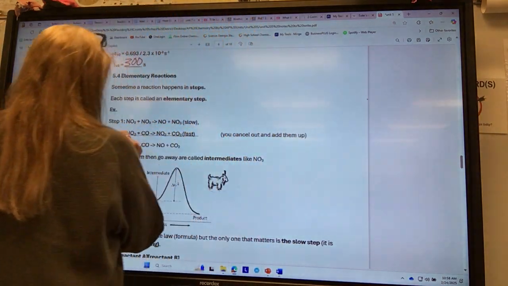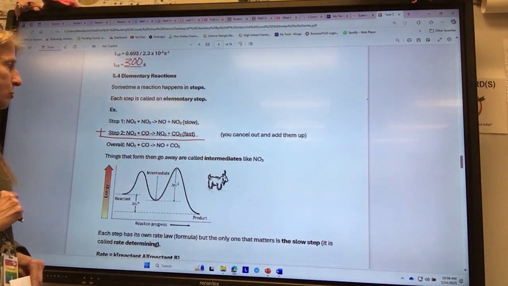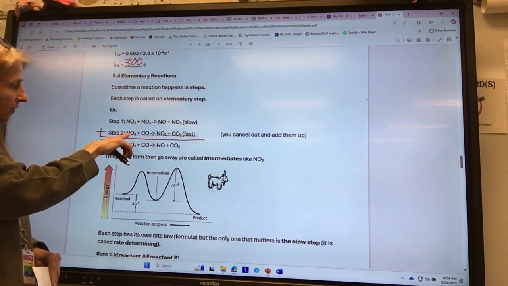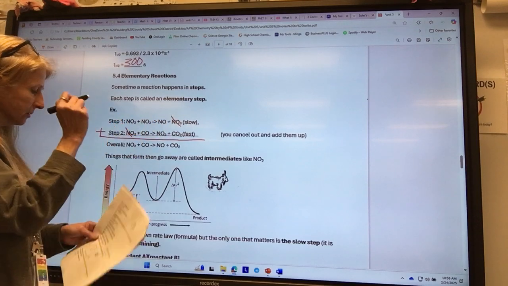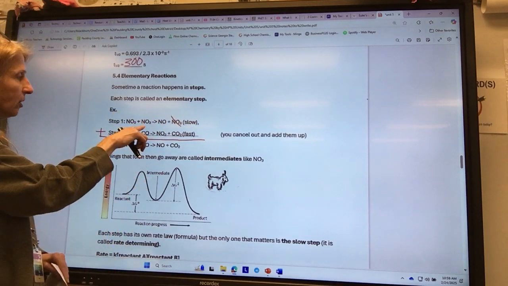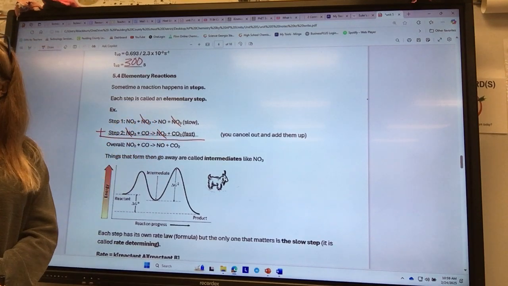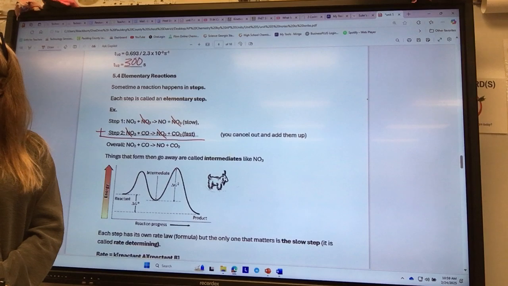So on this one, draw a little plus, and let's look at what we can mark out. Well, if you look, there's an NO3 on the reactants, and there's an NO3 on the products, so we can mark those out, okay? There's an NO2 on the reactants and an NO2 on the products, and we can mark those out. And then we add them up and we get the overall reaction.